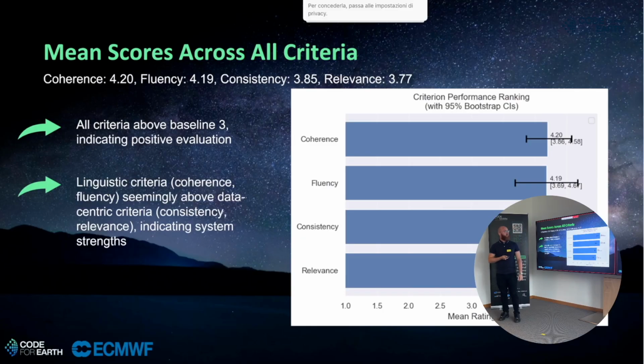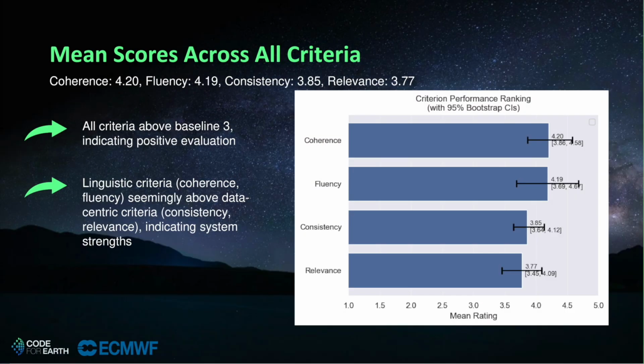So here you see the results for that. For each criteria, you see the scale of 1 to 5, 5 being better than 1. You see that the linguistic criteria, which were coherence and fluency, are scored much higher than the other ones, but still they are all above, I would say, the baseline of 3.